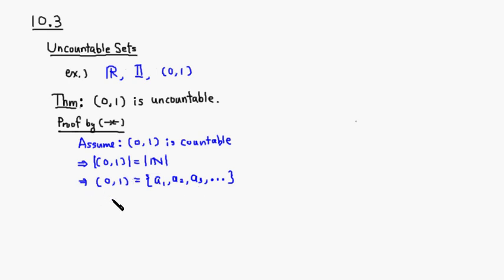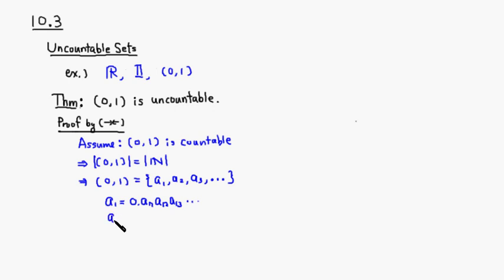For example, a1 is between 0 and 1, so it's going to be 0.a11 a12 a13, and so on. Each entry represents a digit, so it's like 0.125 or something like that.